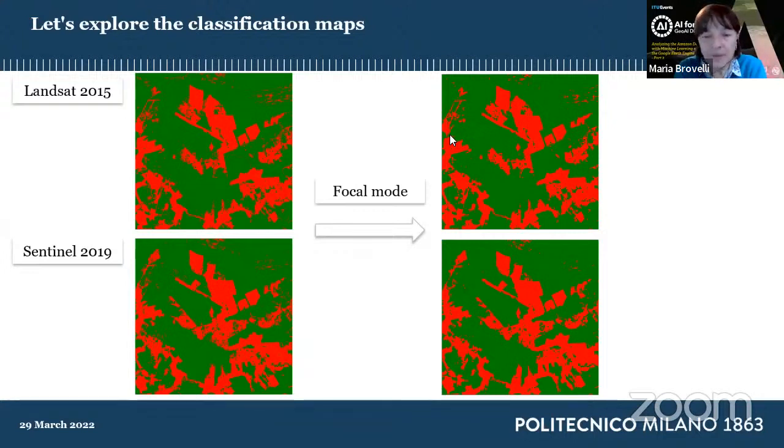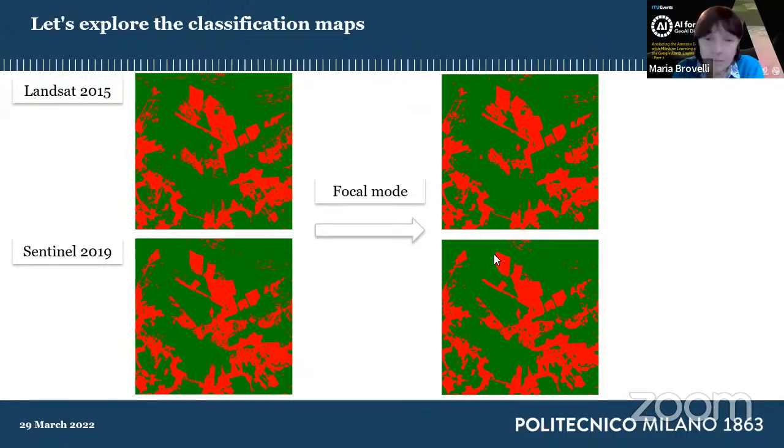So if you look at your Google Earth Engine, what you see is that there is some noise in your classification. So you don't see such a sharp classification. There are some points where we see this salt and pepper effect, which obviously is not realistic. So what we can do in this case is apply a morphological operator in order to clean our image a bit.